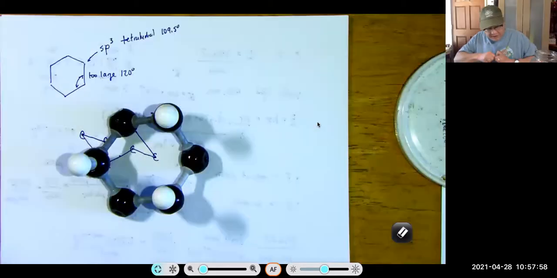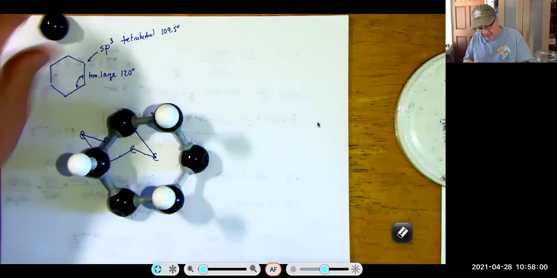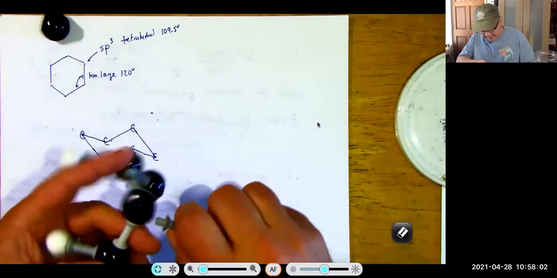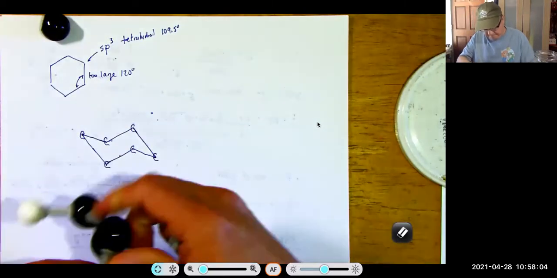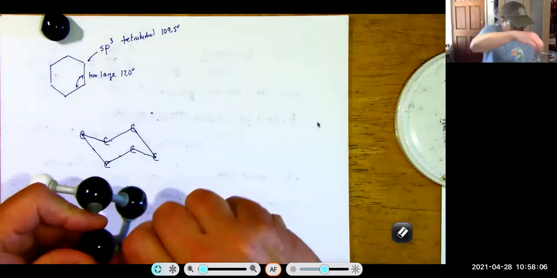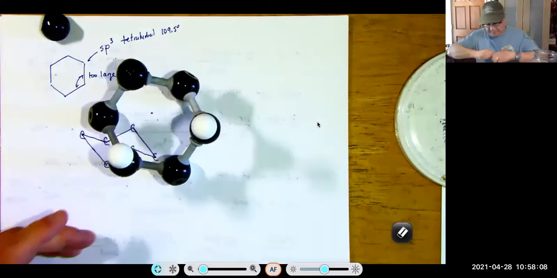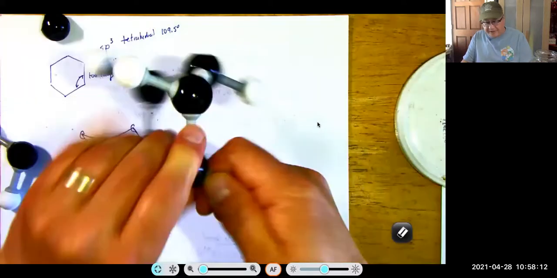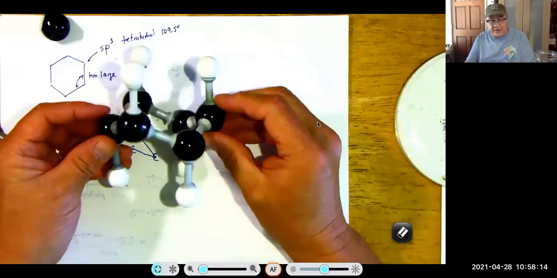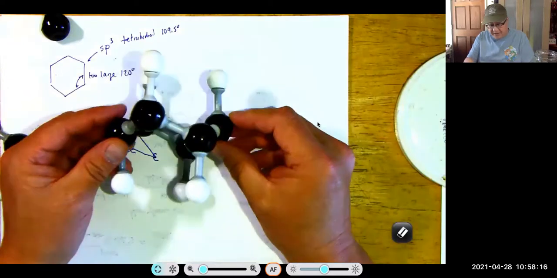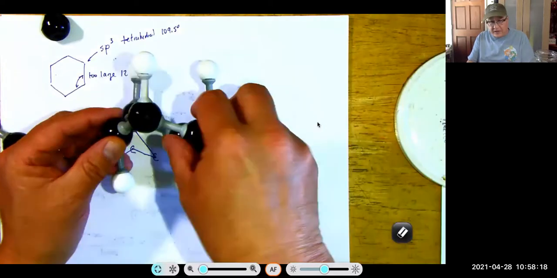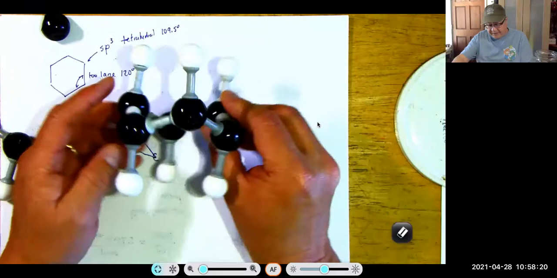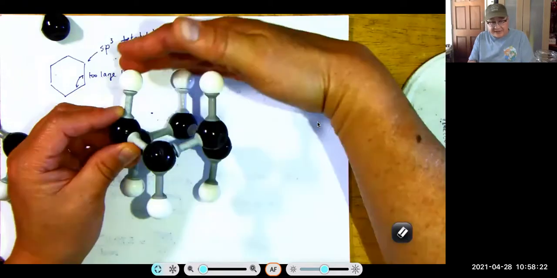Now, if I show you the other axials, they are on the other side. So these are all axial carbons. And when you look at it from the side, you can see why it's called an axis now. If it were a wheel, these would be parallel to the axis of the wheel.